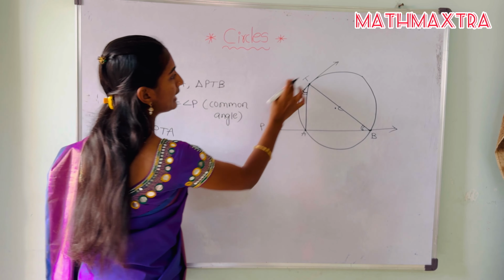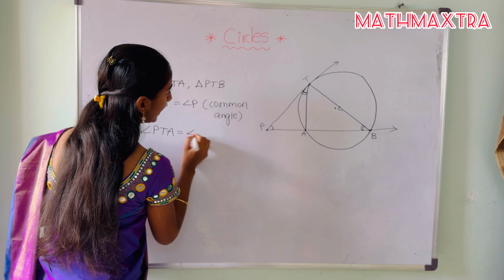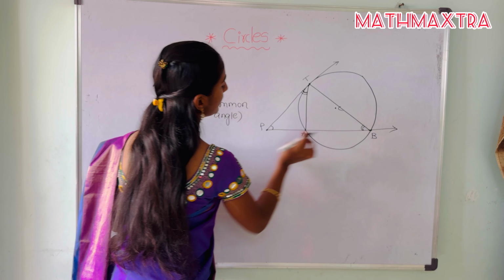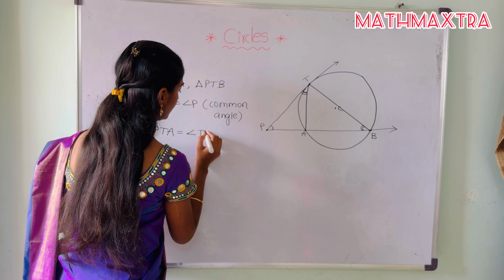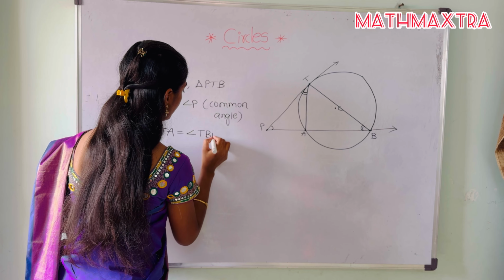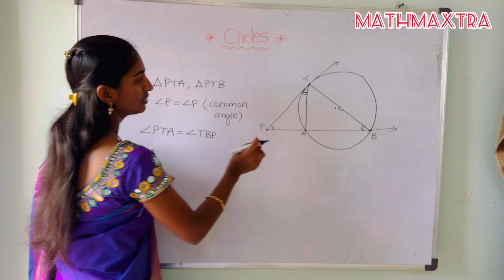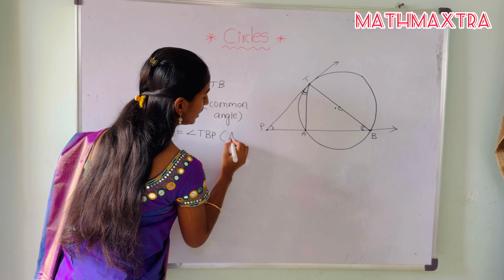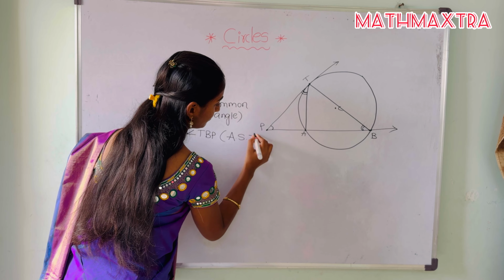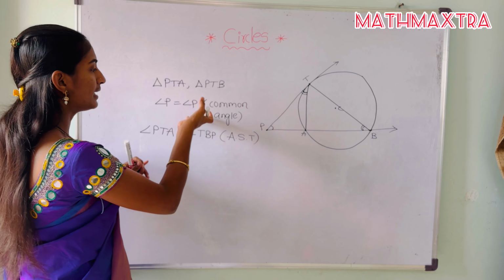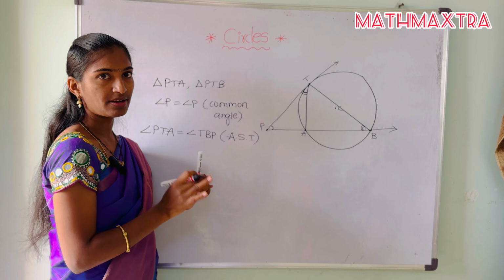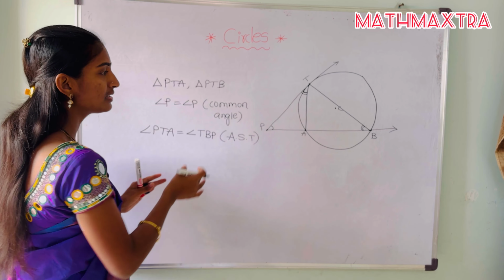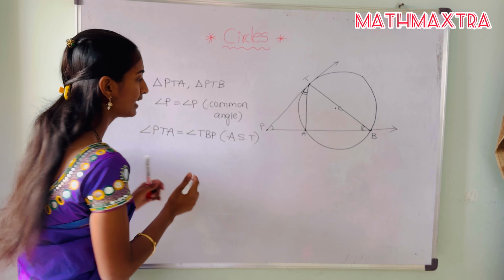Angle PTA is equal to angle TBP. So these two angles are equal because of the alternate segment theorem.